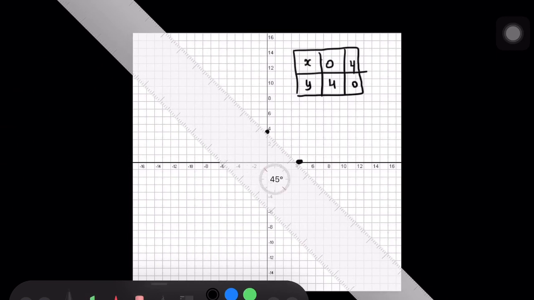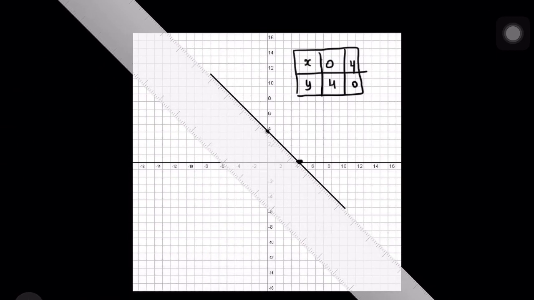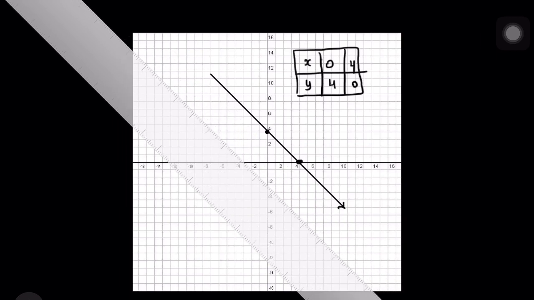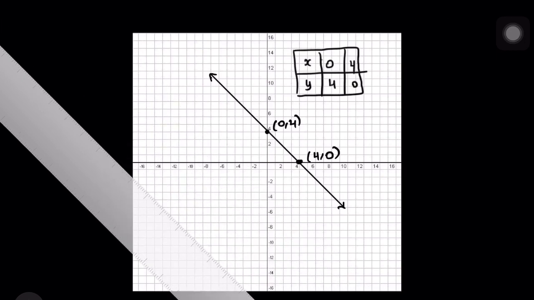So we need to draw a line from these two points. So these points are 0 comma 4 and 4 comma 0. The line is representing x plus y is equal to 4. That's it.